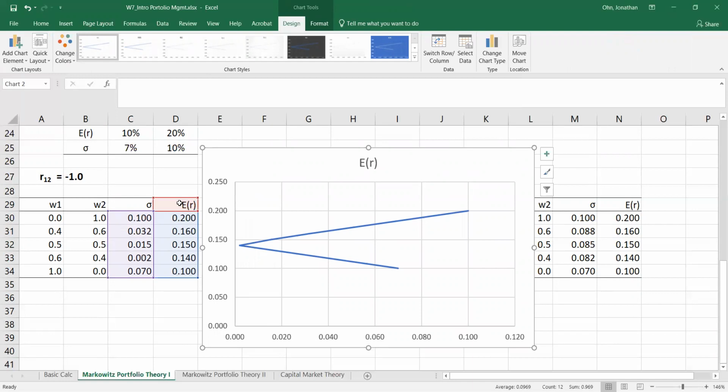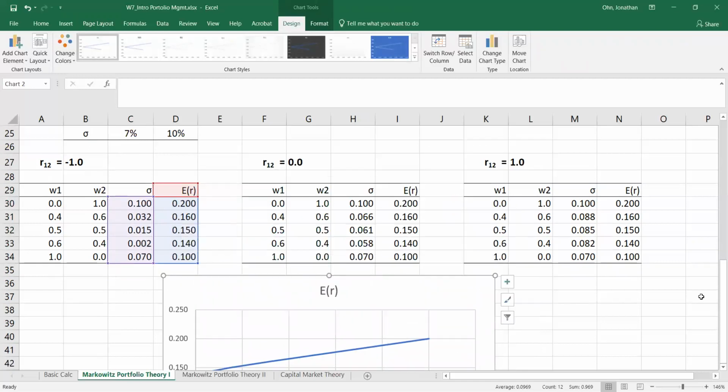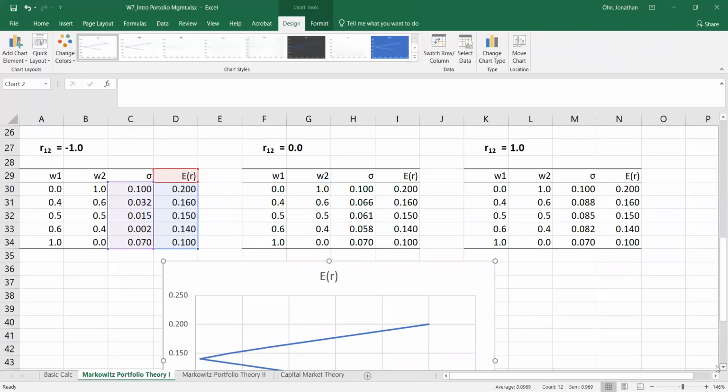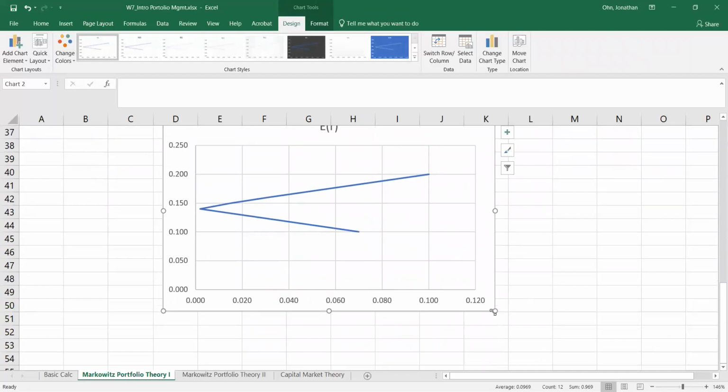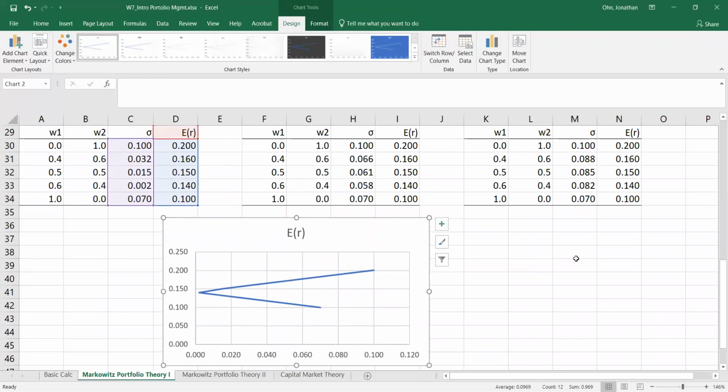So in investment analysis, that is the pattern. Always you show risk on the x-axis, and the return on the y-axis. All right. Now we want to include this one too. Let's see.